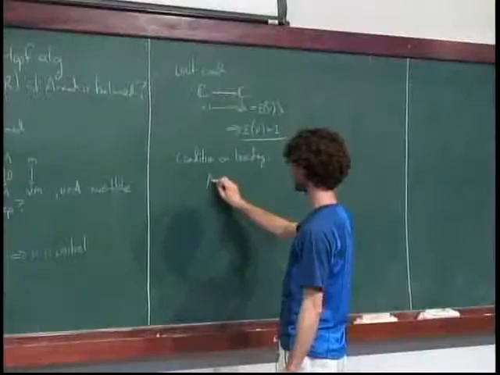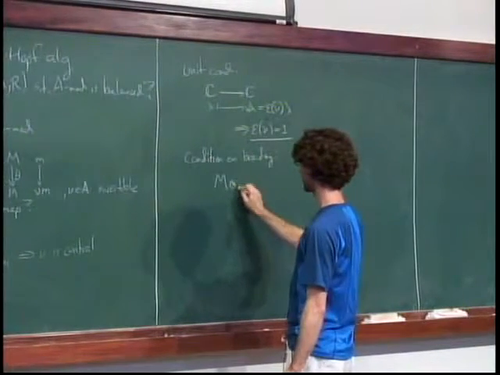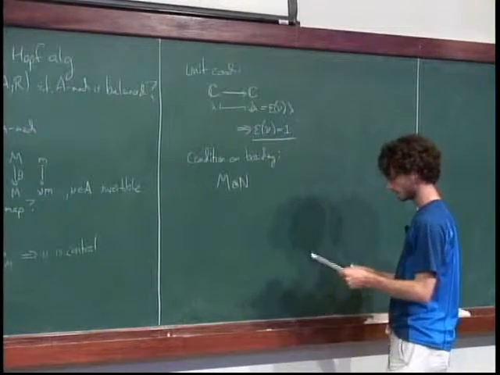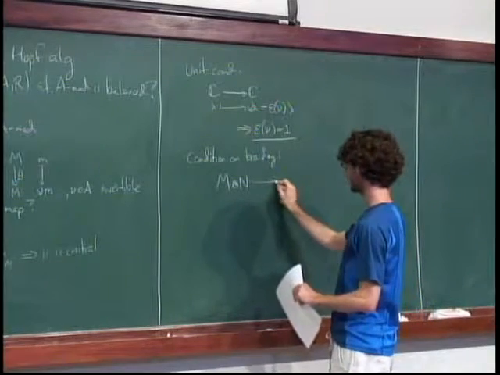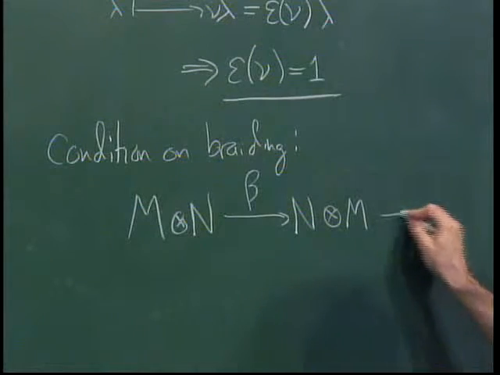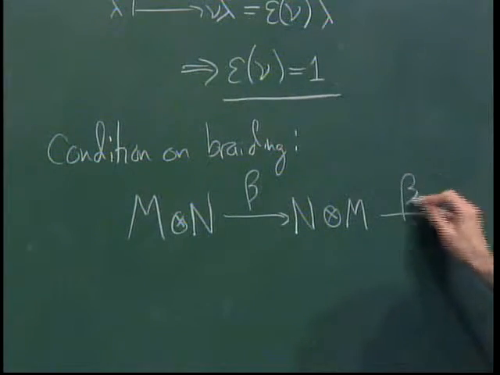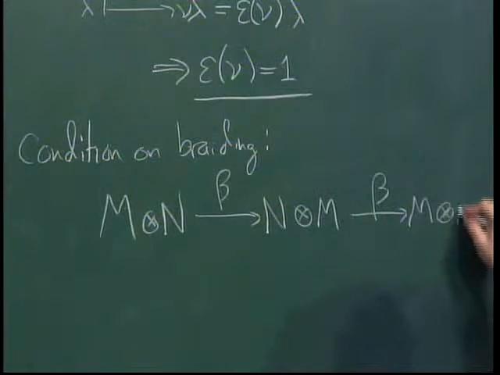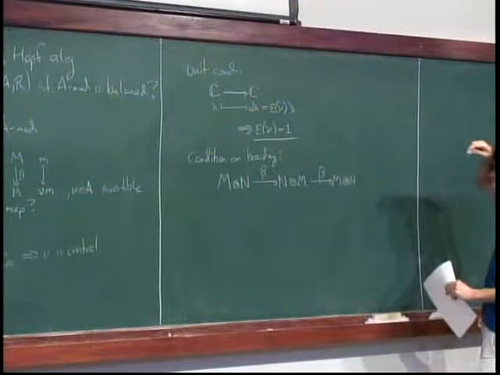So we're now starting with two modules, m and n. On the one hand, we do the braiding to n tensor m, and then we braid back to m tensor n.